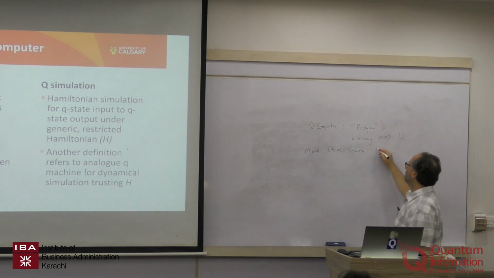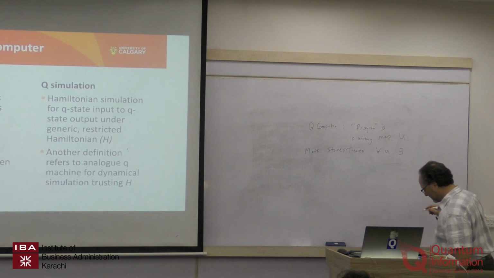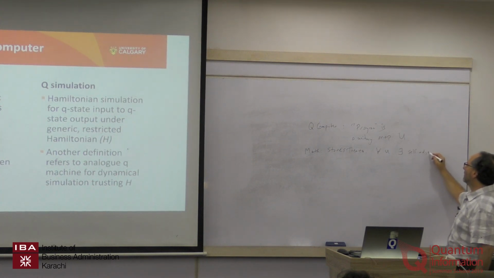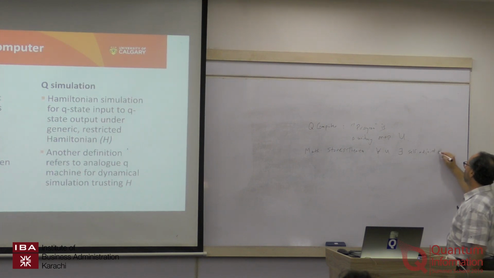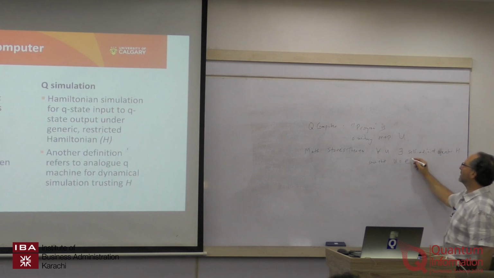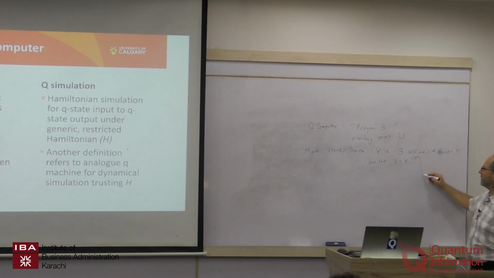And Stone's theorem says for all U, there exists a self-adjoint matrix, well, self-adjoint operator H such that U is equal to e to the minus iHt. t is a real number, but in physics we think of this as being the time.